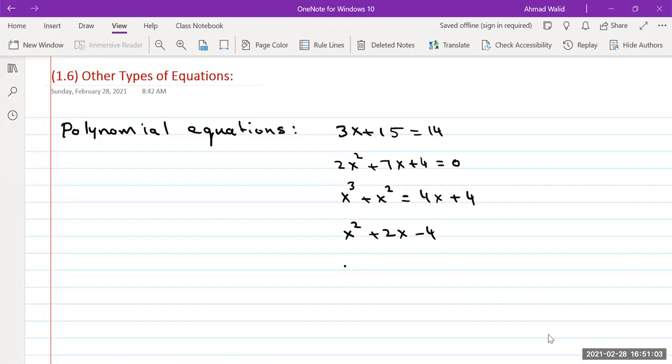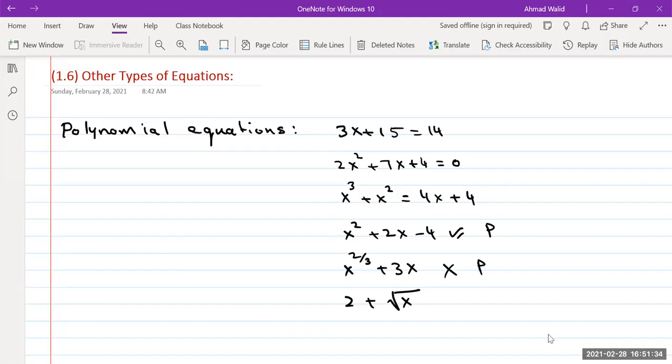Or if I write x to the power of 2/3 plus 3x, it's another algebraic expression. But what is the difference? I call this one a polynomial. This one is not a polynomial. Or if I write 2 plus the square root of x, it's an algebraic expression. But is this a polynomial? The answer is no.